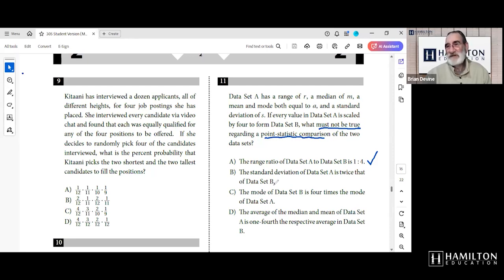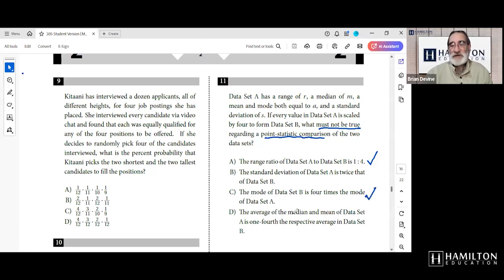The standard deviation, the spread, as it's represented then, should scale by 4 as well. The mode of dataset B is 4 times the mode of dataset A. That would be true.